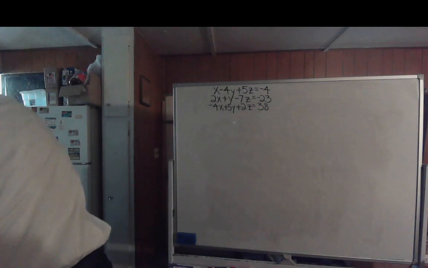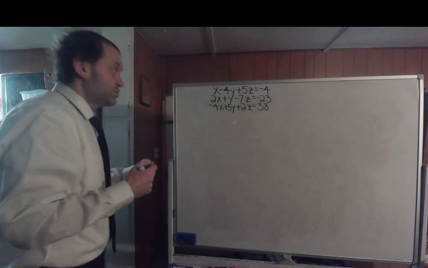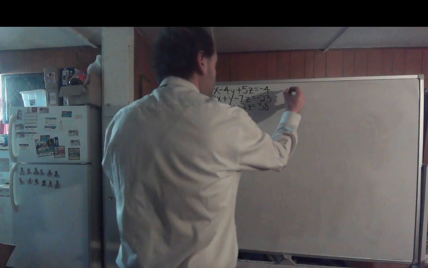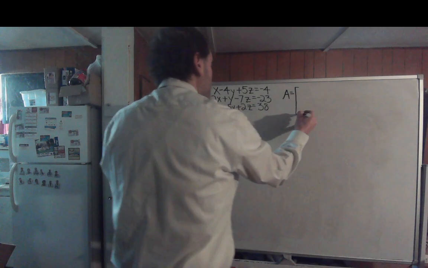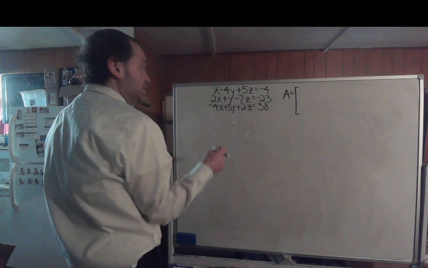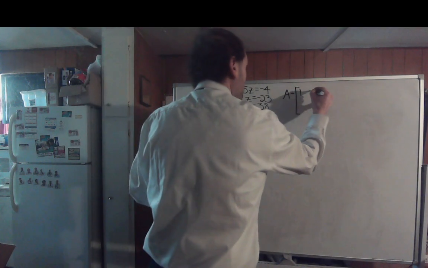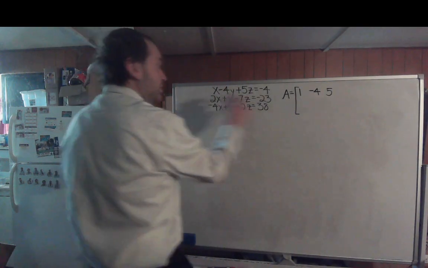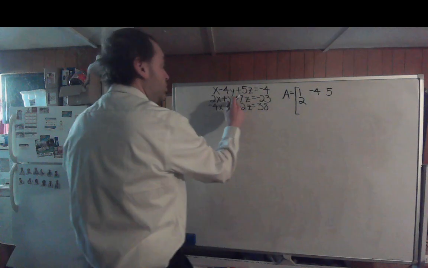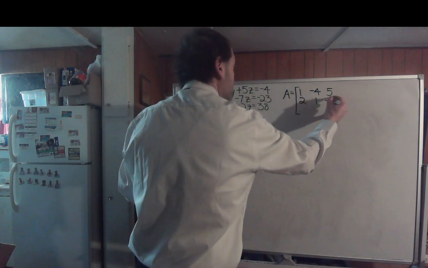But let's go ahead and set up our 3 separate matrices here. So matrix A is simply going to be a 3x3 matrix with your coefficients of x, y, and z. So your first row, you'll have 1, negative 4, and 5. Second row, you'll have 2, 1, and negative 7.